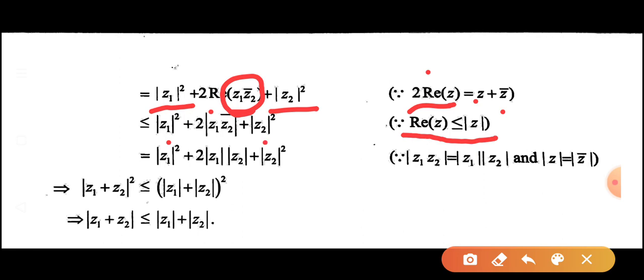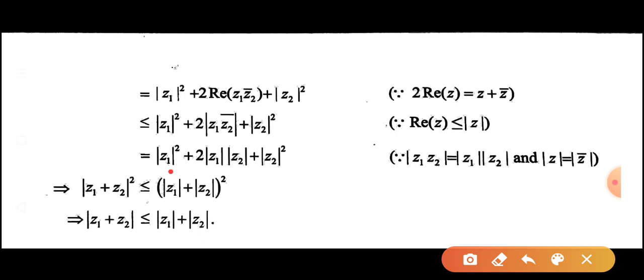In the center, 2 into real part of z is less than or equal to 2 into modulus z. Next we split the modulus symbol.